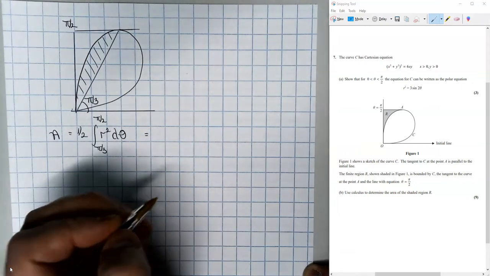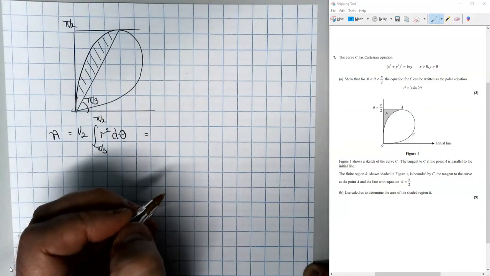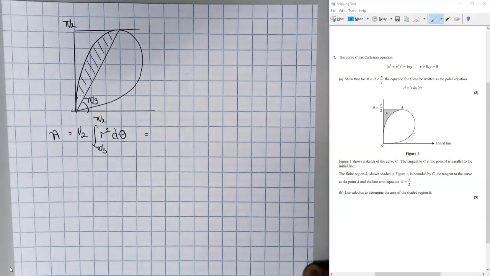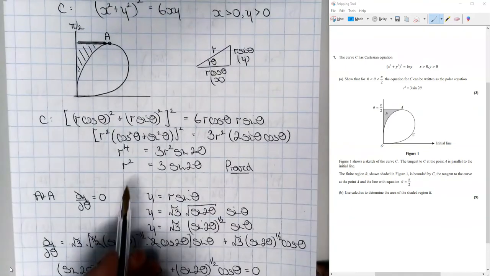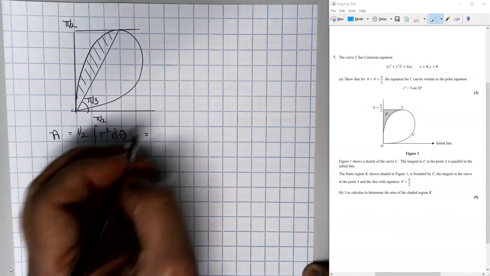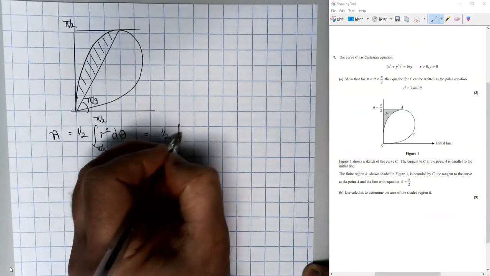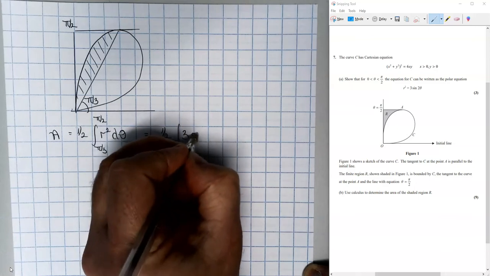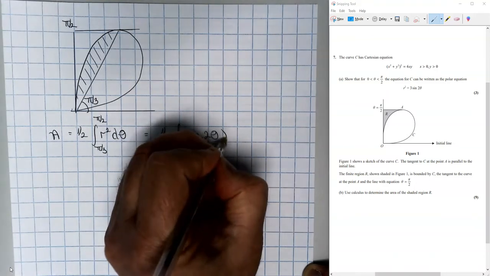I know that r squared from earlier, from right at the beginning, from part A, is 3 sine 2 theta. So it's half the integral 3 sine 2 theta d theta.